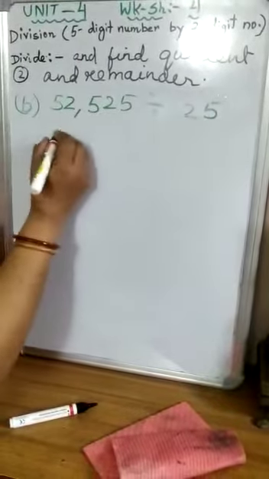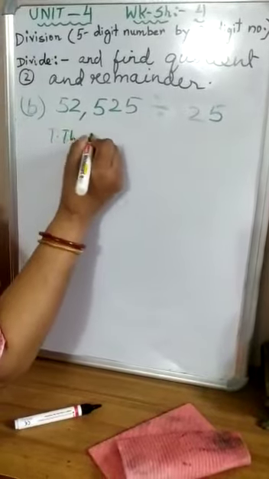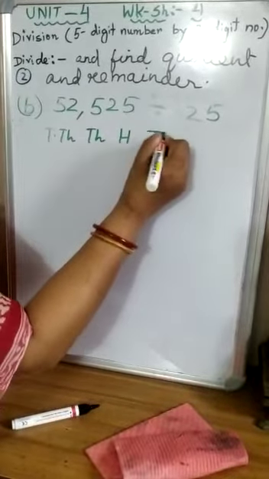So here 5 digits are there, so it is ten-thousands, thousands, hundreds, tens and ones.